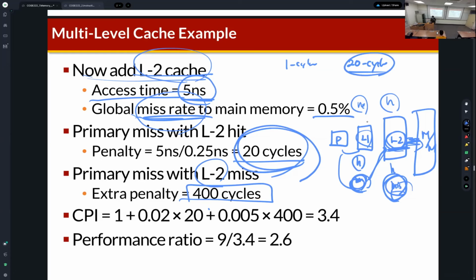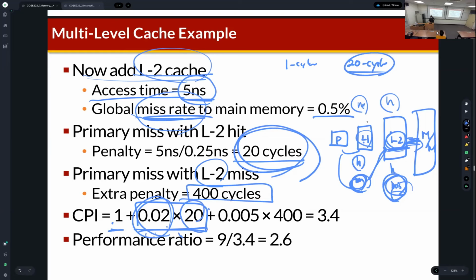So what does that mean? This is the effective CPI. It's 1, and this is the miss penalty. This miss penalty represents a miss in L1 and a hit in L2, so it is the miss rate per instruction 0.02 multiplied by 20.